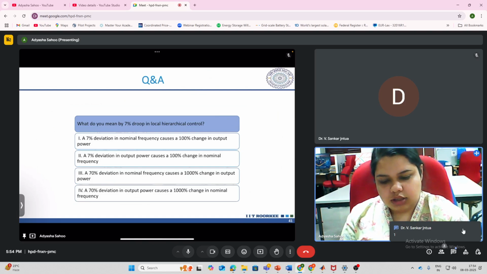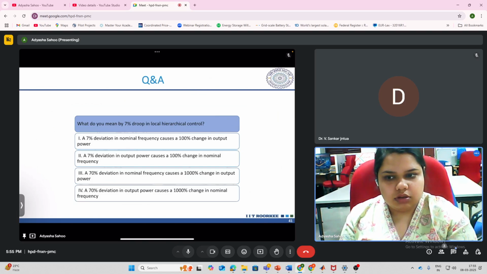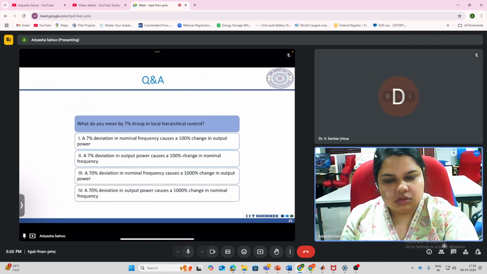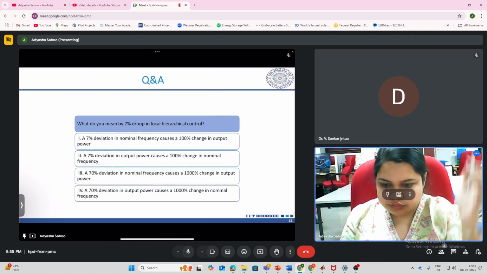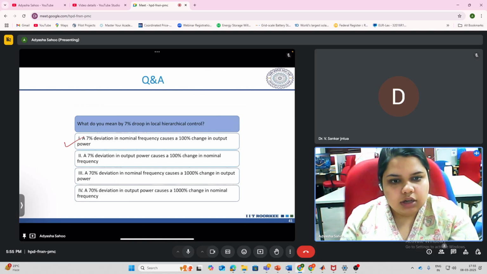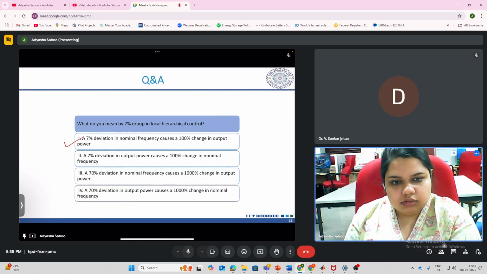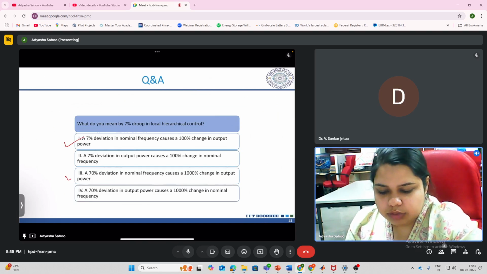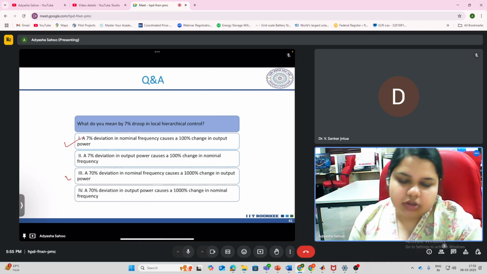Yes, one is correct, and similarly, another option is also correct among 3 and 4. C is also correct, right? A 70% deviation in frequency will give 1000% change in output power.